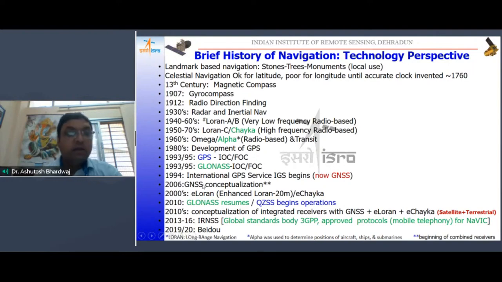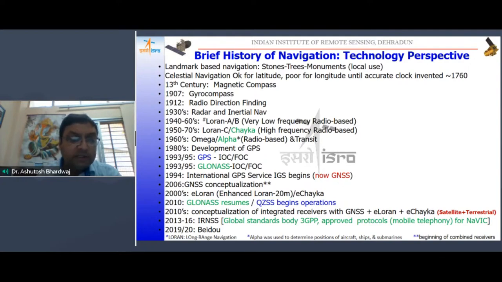Now this system gets the signal from GPS as well as GLONASS and provides the location of the place. Thereafter, suddenly the idea was framed that possibly the tower-based systems are not required, or they have become redundant. That thought started a disintegration of those tower-based systems.